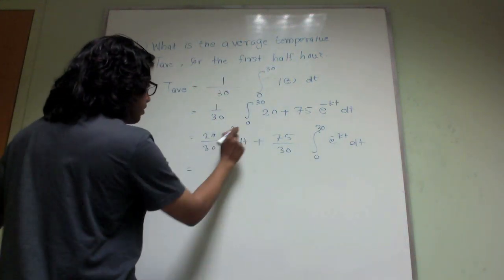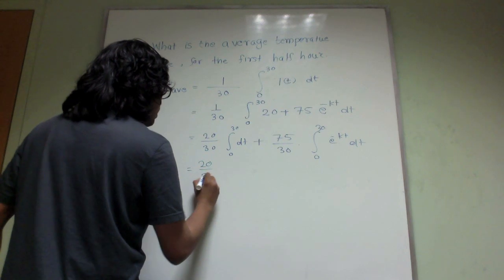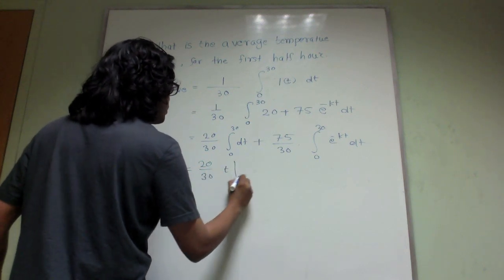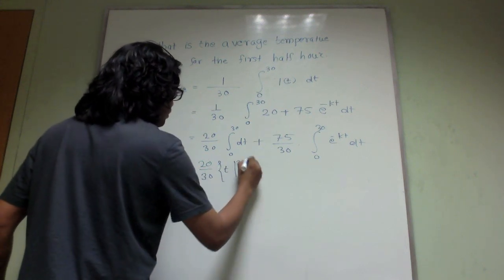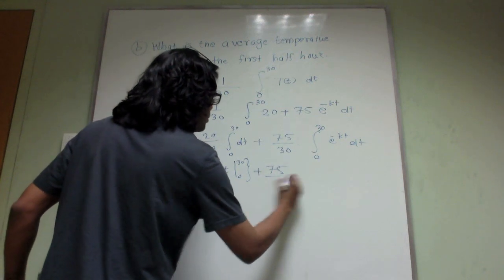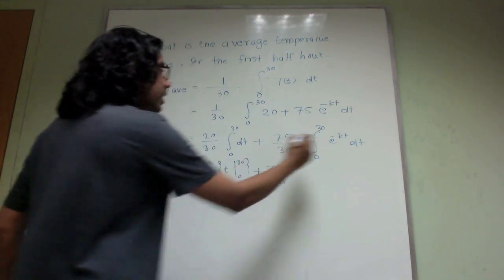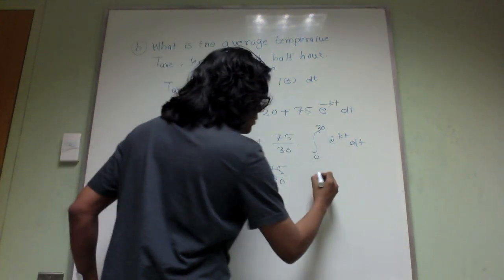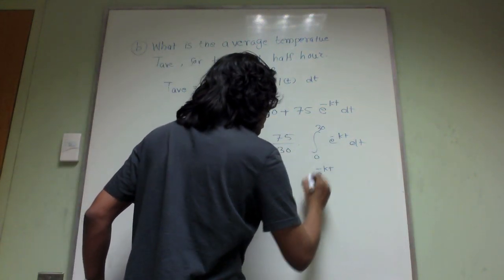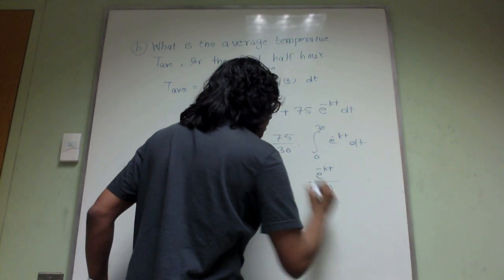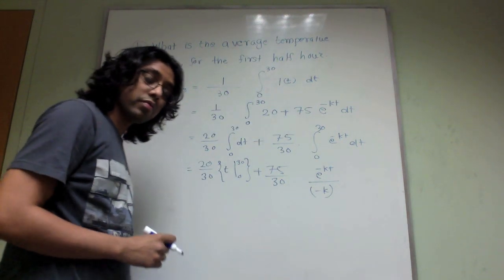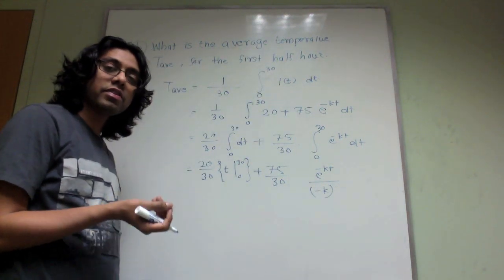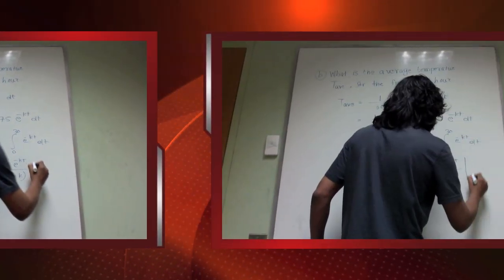Here the first integral is just t from 0 to 30. Then there is a constant 75 over 30. Now you have the exponential e to the power minus kt. The integral, please check, is e to the power minus kt over minus k. Now this you can do using integration by substitution.